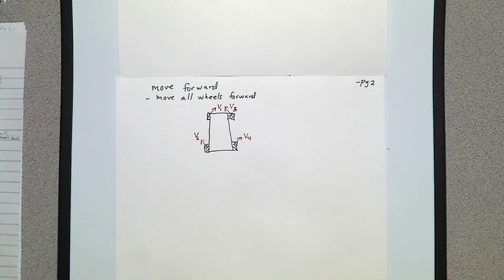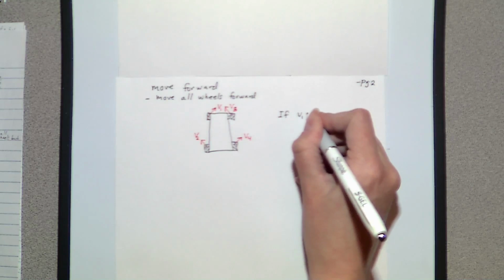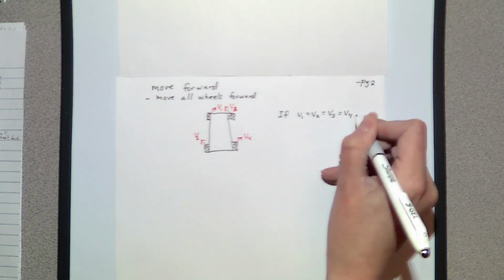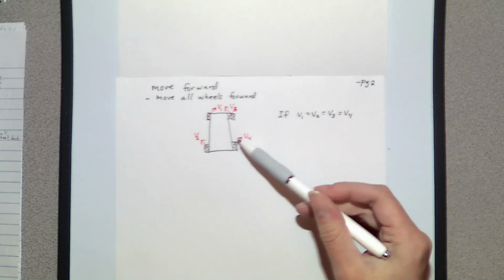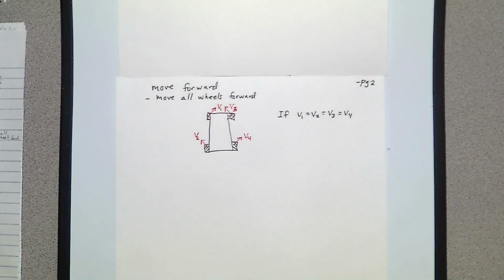And so what we have is if V1, V2, V3, and V4 are all equal, so this is assuming that all of the wheels are the same, so they have the same radius.